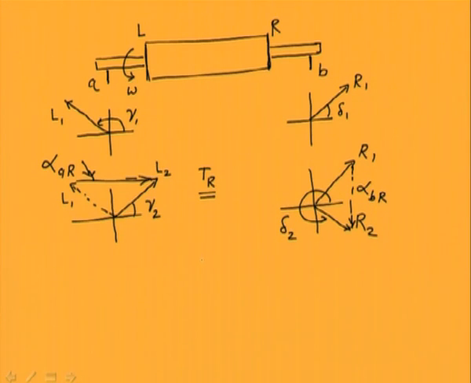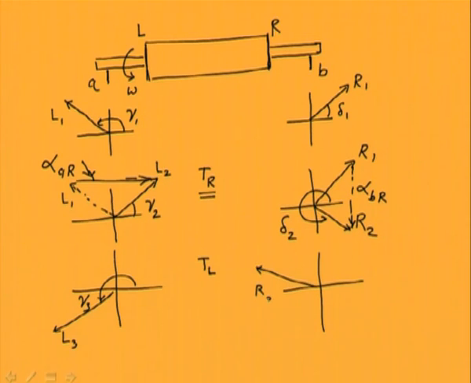On the same lines, now we will remove the trial mass from the right plane. We will put another trial mass in the left plane alone, and let us say we have measurements corresponding to this as L3 with phase gamma 3, and in the B plane we have measurement R3 with angle delta 3.